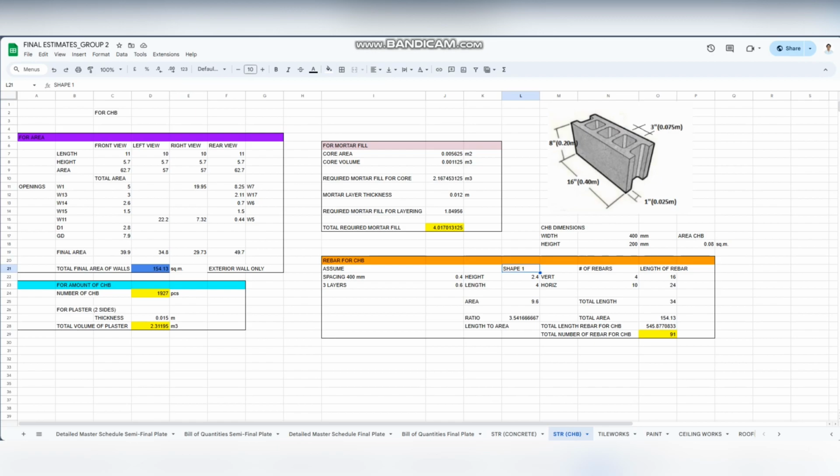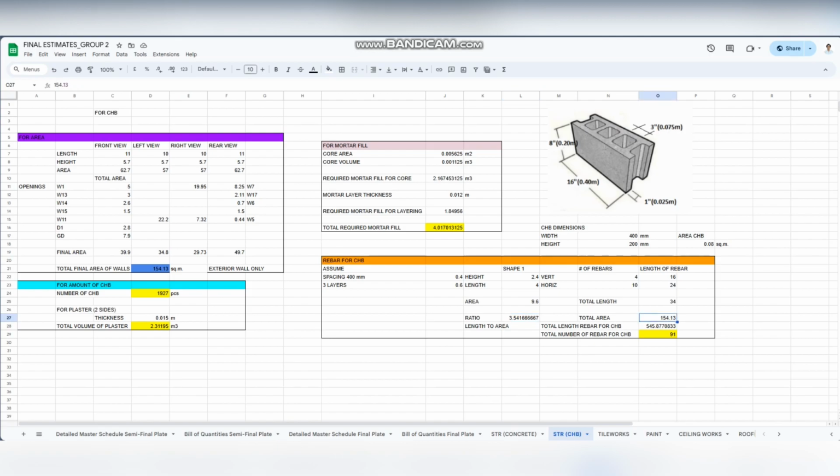We did the ratio and proportion procedure to the total area to get the total number of rebar for CHB. So this is basically the ratio of area to length of rebar.